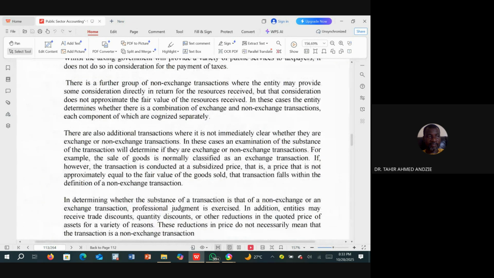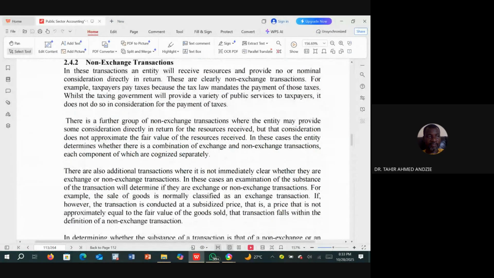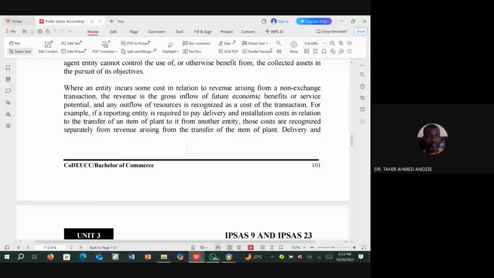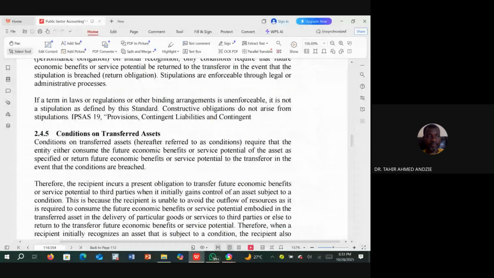We have talked about non-exchange transactions and how to recognize revenue from them. So you can look at the revenue recognition also in the non-exchange transaction. Stipulations, we have talked about stipulations; you have to read more on them.